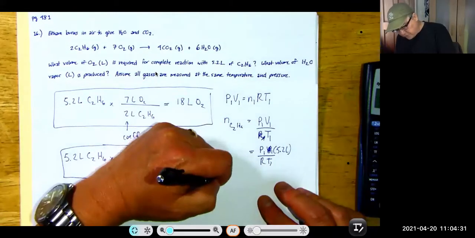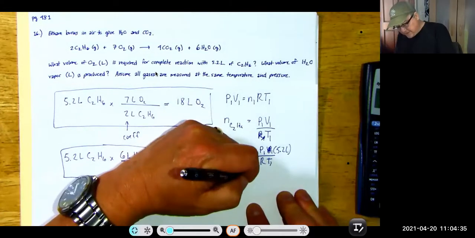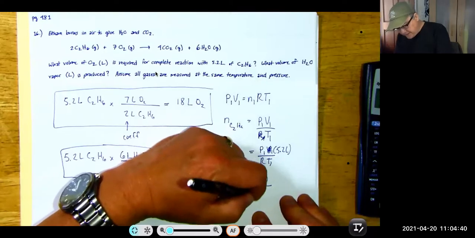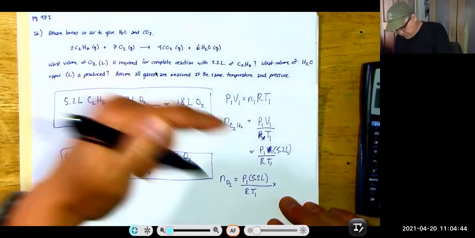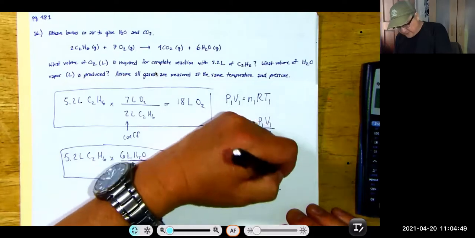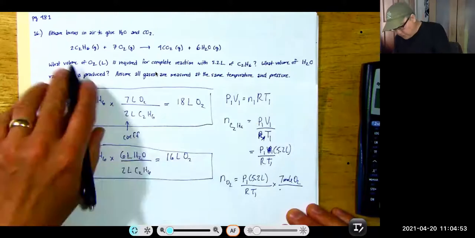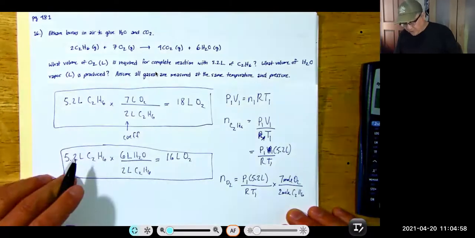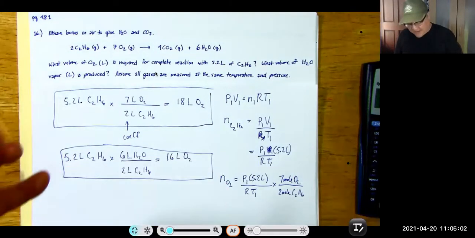So the moles of O2 are going to equal P1 times 5.2 liters over RT1 times, what do we have here? We have 7 moles of O2 per 2 moles of C2H6. So we have to put this in here to balance that, and it's even going to get uglier after that.